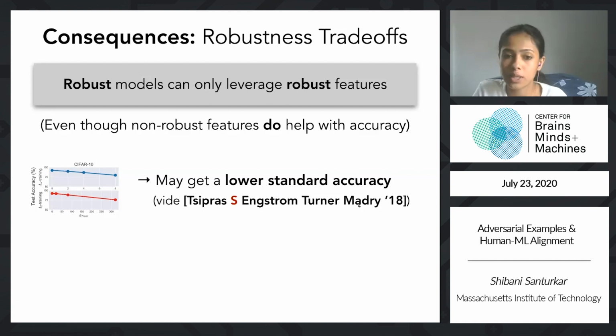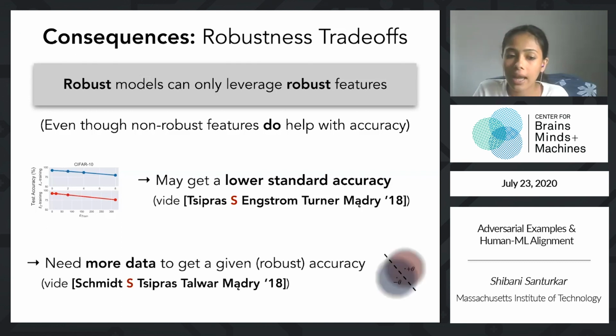Any accuracy you would get based on those non-robust features is completely lost to you. It also makes it such that robust models need more data to perform well, because they can only learn from robust features. It's information theoretic: you just need more data to perform equally well.